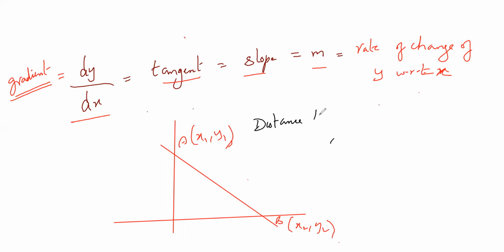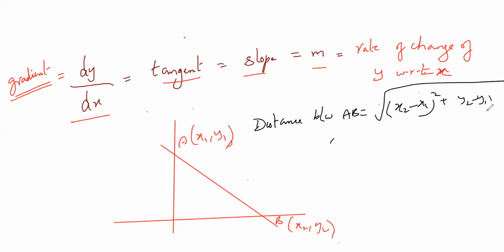Distance between A and B. That is AB, root of (x2 minus x1) the whole square plus (y2 minus y1) the whole square. Correct? This AB is nothing but what? My slope or my dy by dx or my gradient. Correct? Or the rate of change of y with respect to x.